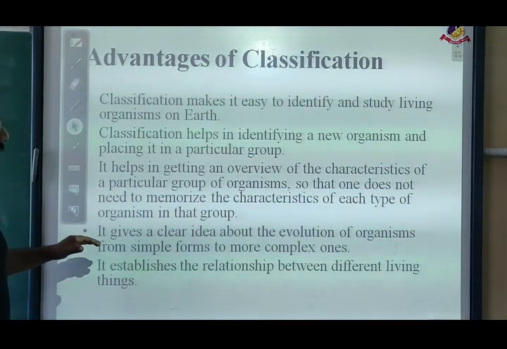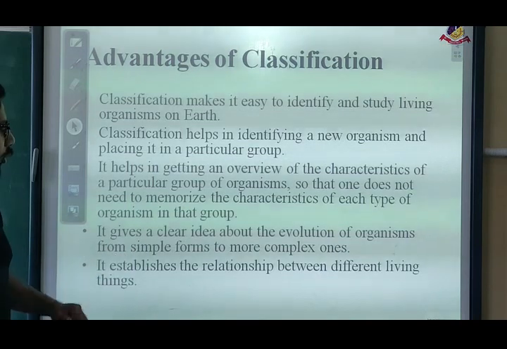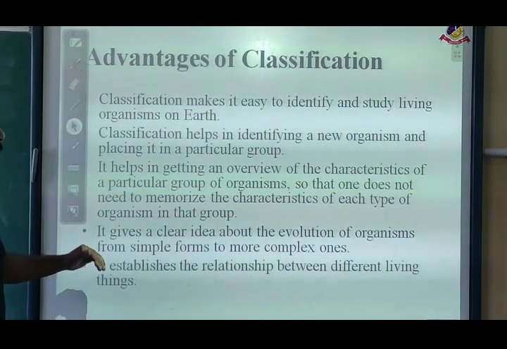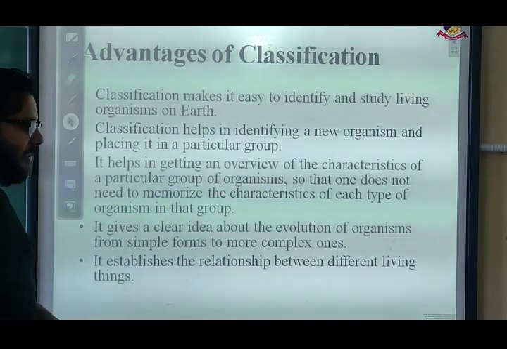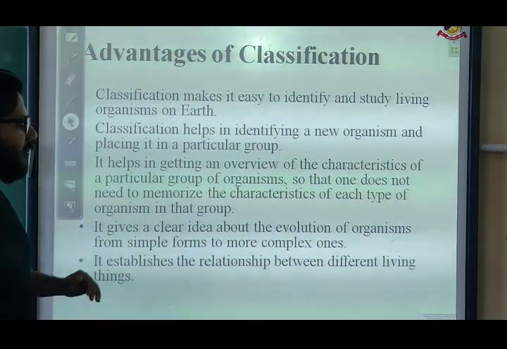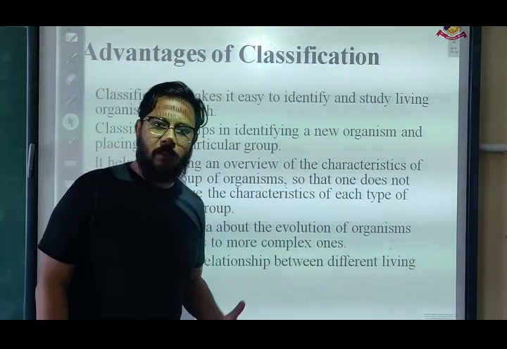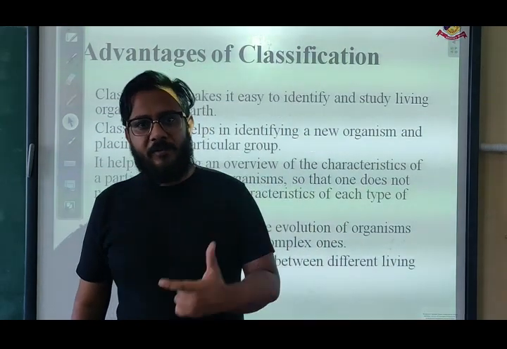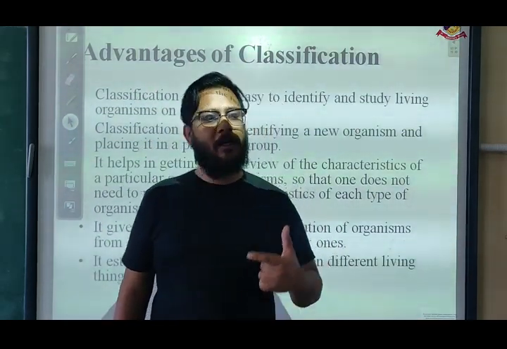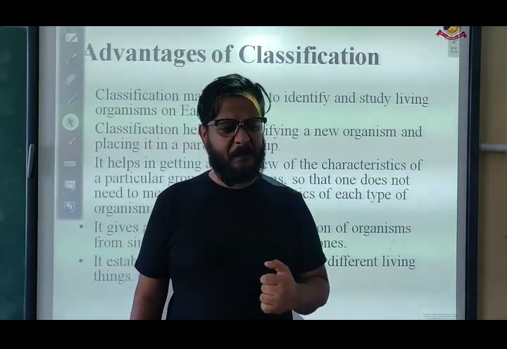Next one is, it gives a clear idea about the evolution of organisms from simple forms to more complex ones. And the last one, it establishes the relationship between different living things. I just talked about this. Based on the evolution, we understood that reptiles evolved from amphibians.